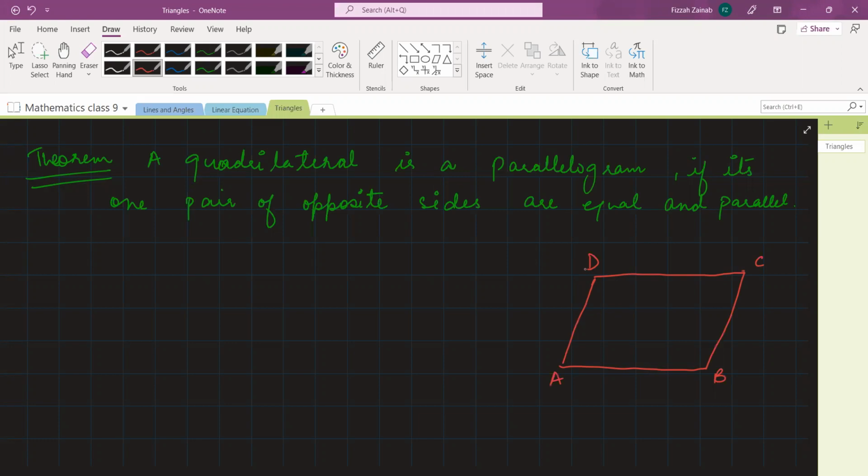But if only one pair of opposite sides, that means AB is equal to CD, is equal, and I say that AB is parallel to CD, then also I can say that it is a parallelogram. I don't require the other pair. Only one pair has to be equal and parallel. So two conditions have to be satisfied. Is that clear? So this proof can come in the exam. This is an important theorem.